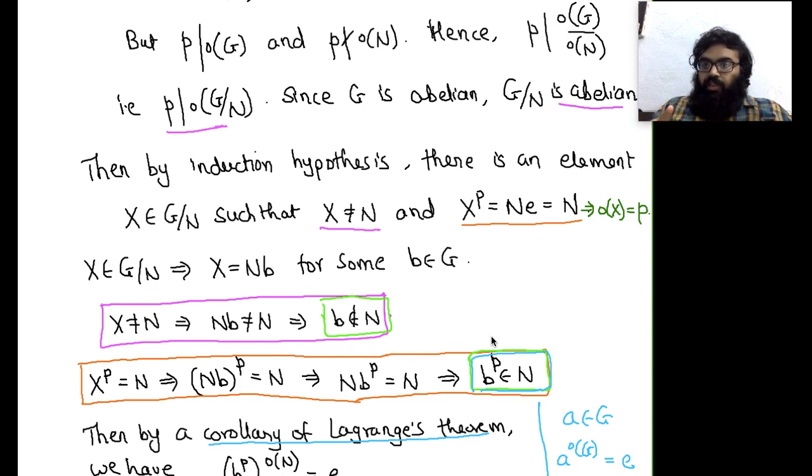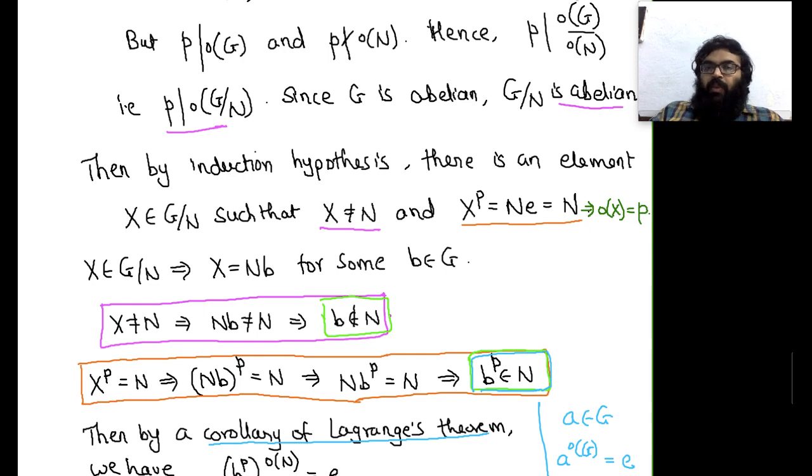It is the smallest integer such that x power p equals N, the identity. The order must be prime, because as before, suppose order is n and x power p is identity, therefore n must divide p, but p is prime, so n equals either 1 or p. 1 is not possible because x is not identity, so it is p.